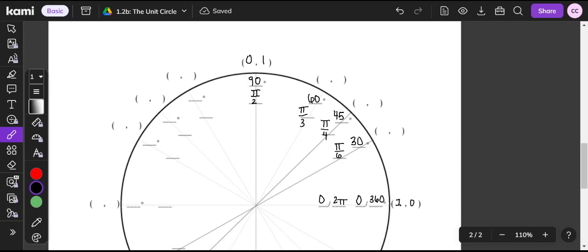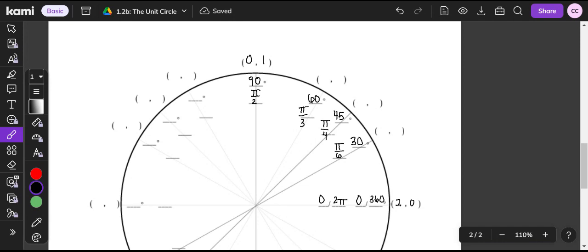Okay, so you should have had that 30 degrees is pi over 6 radians, 45 degrees is pi over 4 radians, and 60 degrees is pi over 3 radians. If you don't remember how to do that or you struggled with that, remember there are 2 ways to think about this. One, you could take your degree, divide it by 180, and then multiply it by pi. Another way you could think about it is if 30 degrees is a portion of the circle out of 360, I know 30 times 12 gives me 360.